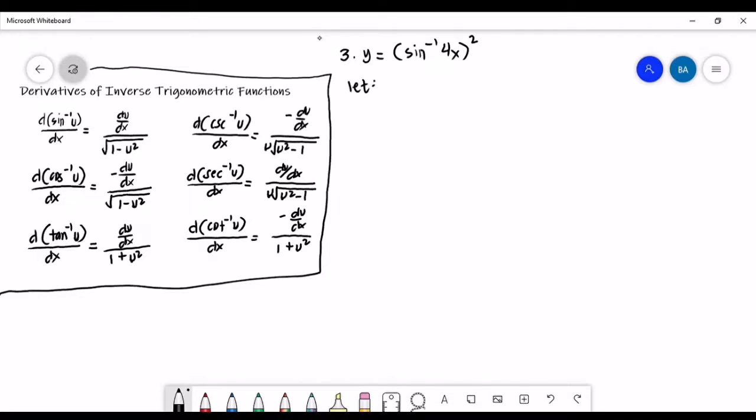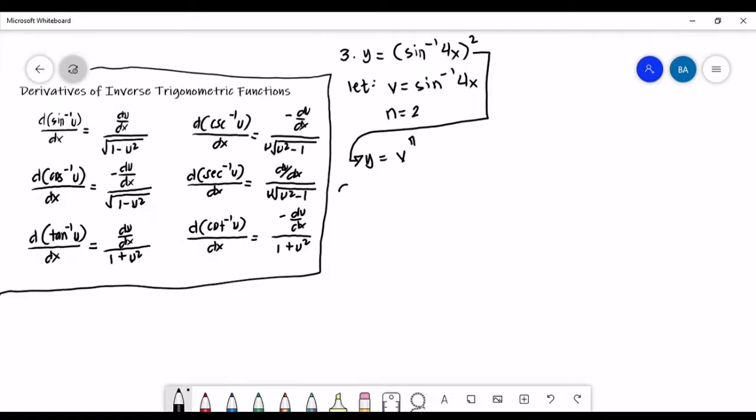Let v is equal to sine raised to negative 1 of 4x, and then our n is equal to 2. So we can rewrite our equation: y is equal to v raised to n.